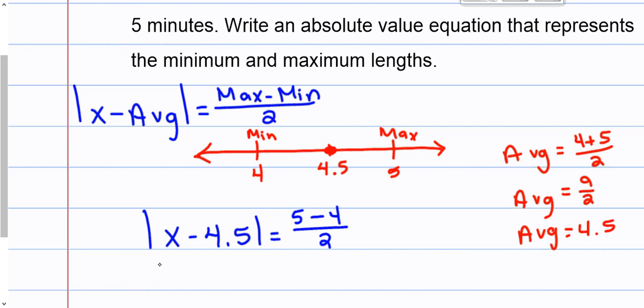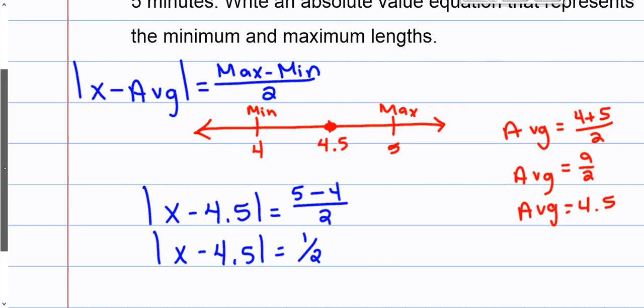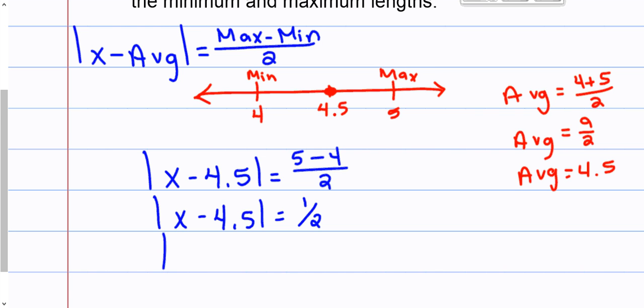Well, 5 minus 4 is 1 divided by 2, so there's 1/2. You can leave it as a fraction, or you can write it as a decimal. Absolute value of x minus 4.5 is equal to 0.5.